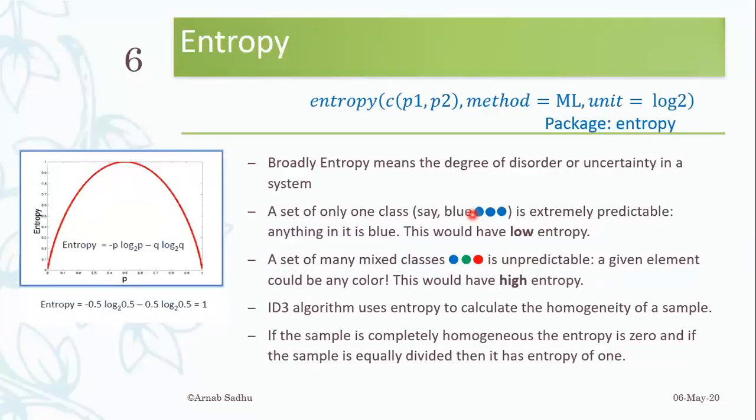So now the system will have higher entropy than the earlier case, because there is uncertainty. When there is uncertainty, there is entropy. If the uncertainty is high, the entropy will be high as well. If there is no uncertainty, there is 100% prediction guarantee, then it's the lowest entropy, or zero. Highest entropy is 1 and lowest entropy is 0.